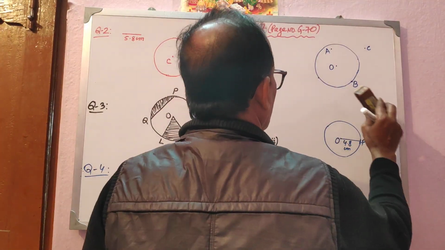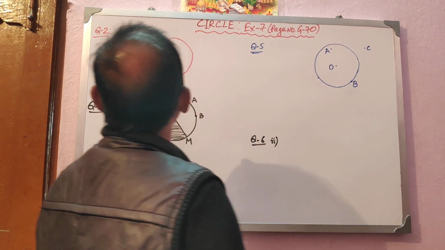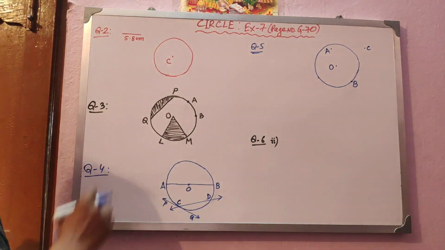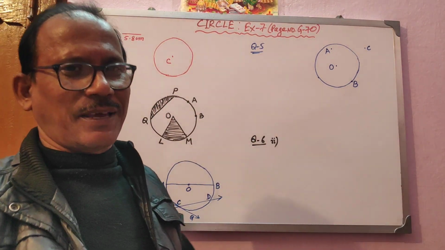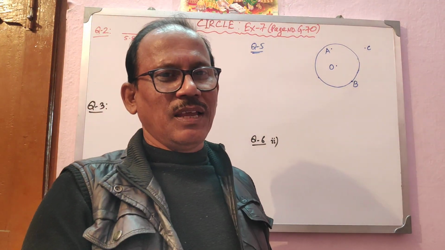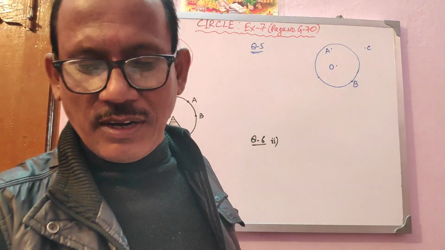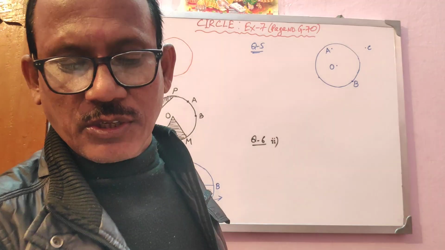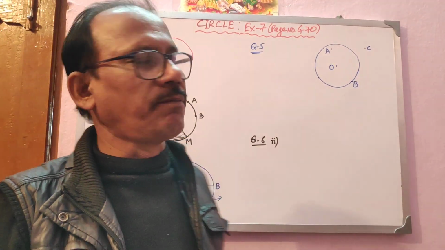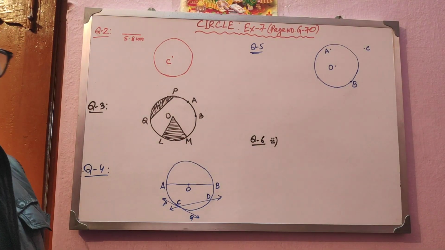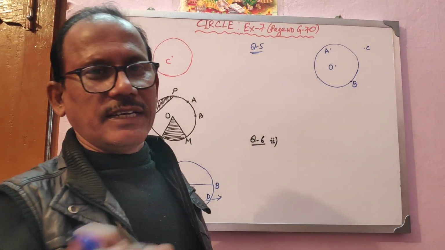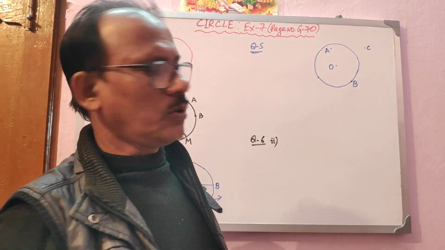I will be talking to you about question number 2. I have drawn a circle roughly. I don't have a pair of compasses at home right now, so I have drawn it by hand only. What is the question given to you? C is the center of the circle, radius 5.6. How will you draw the circle? First you draw a line segment of the radius.